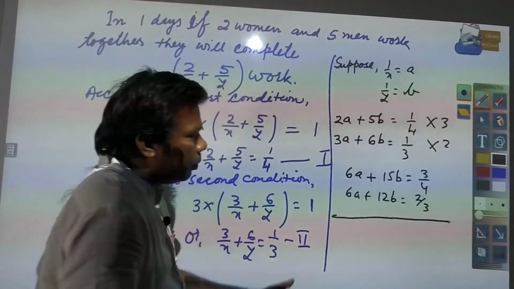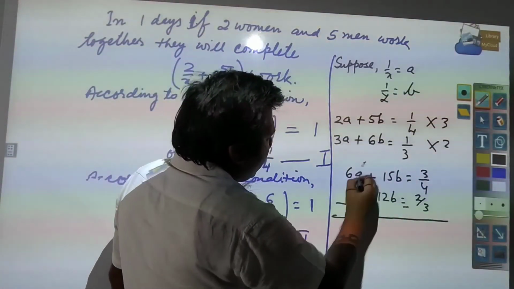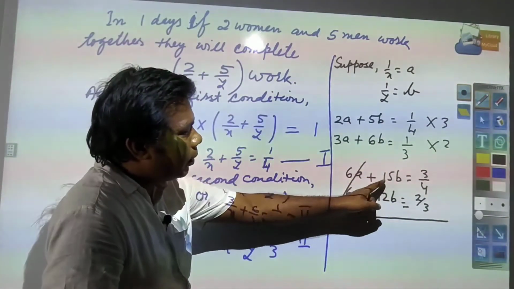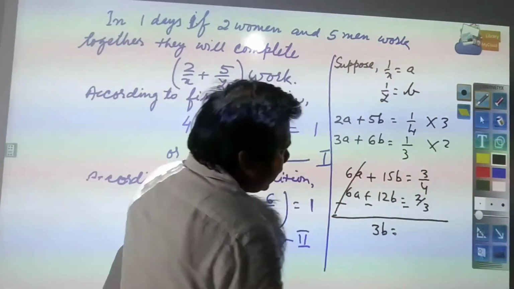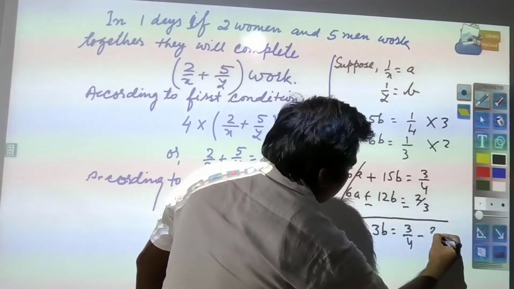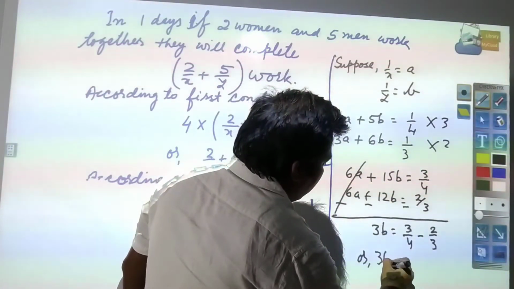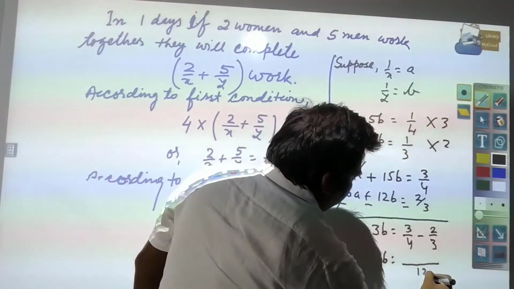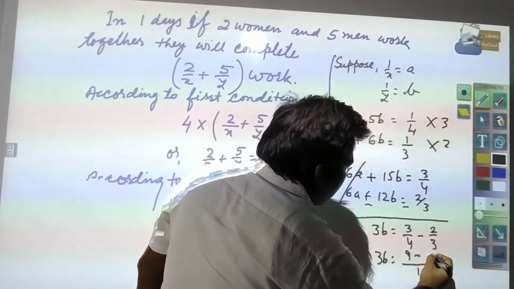Now subtract. The 6a terms will cancel, and we get 15b minus 12b is 3b, which is equal to 3 by 4 minus 2 by 3. That is 3b equals, with denominator 12, 3 threes are 9 minus 4 twos are 8.